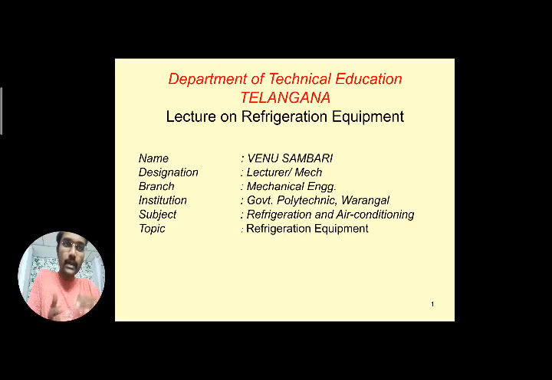In that we will see different types of them, and we will learn more about each individual component and equipment. We'll see the different types and the function of each and every equipment used in refrigeration. So all these things can be learned in today's lecture.